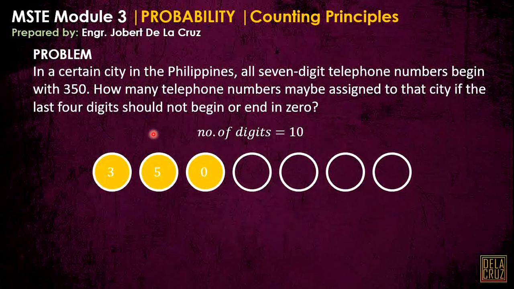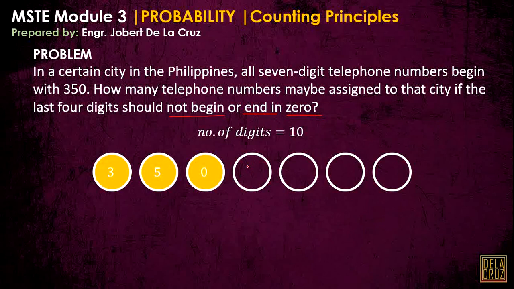But in this case, I want you to take note of the statement that the numbers may be assigned to that city if the last 4 digits should not begin or end with 0.